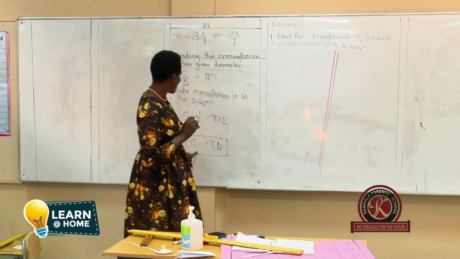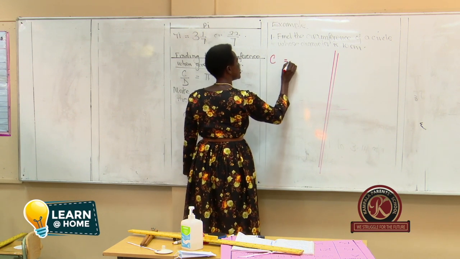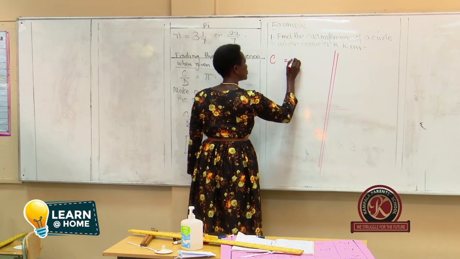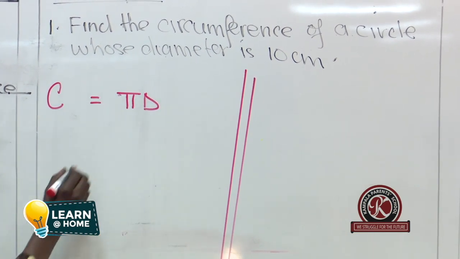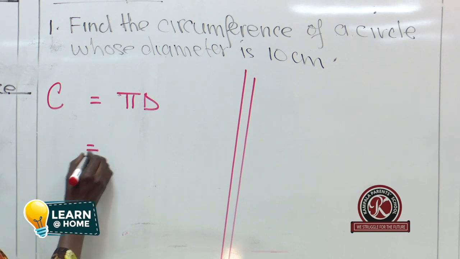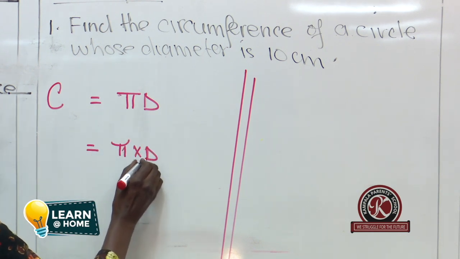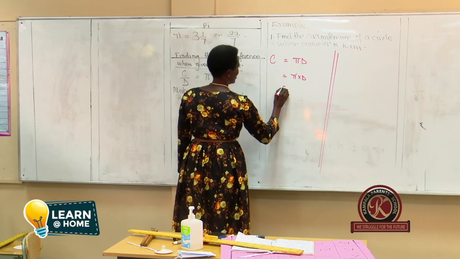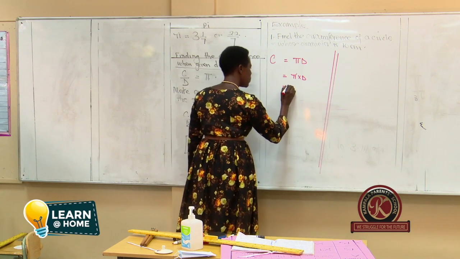Since we now have the formula here, we are going to say circumference equals pi D, which is going to be equal to pi first times D. Now, which pi are we going to use? Let us use 3.14.